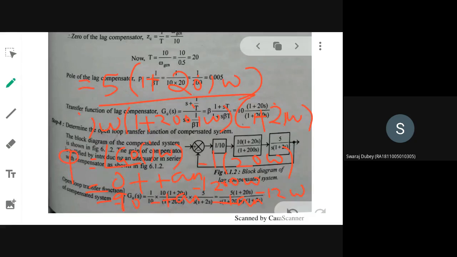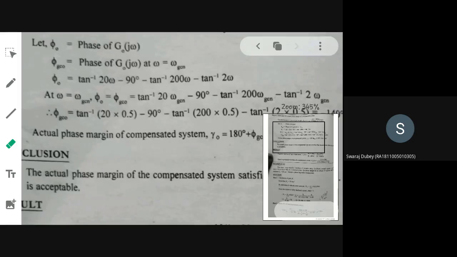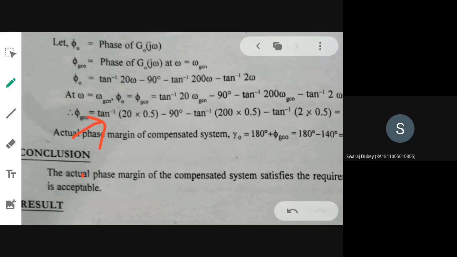In place of omega, now we will substitute omega GCN, and then we will find out what is phi. Okay, so let me do that. So this is my phi GC naught that I am finding out.